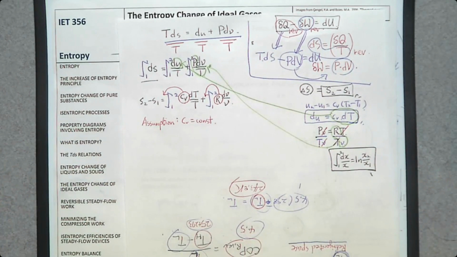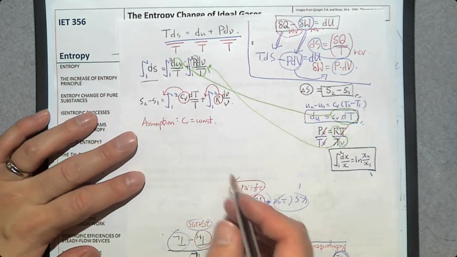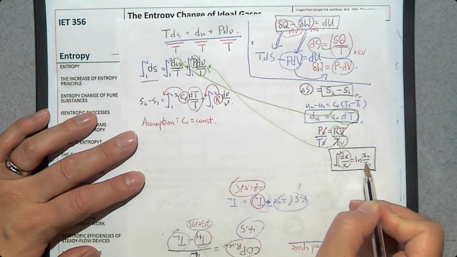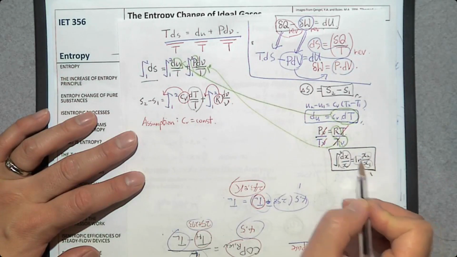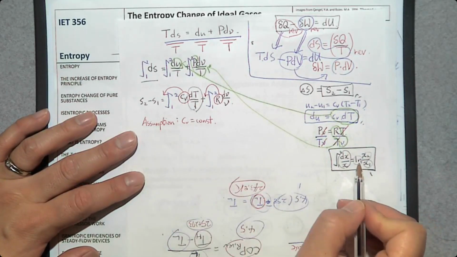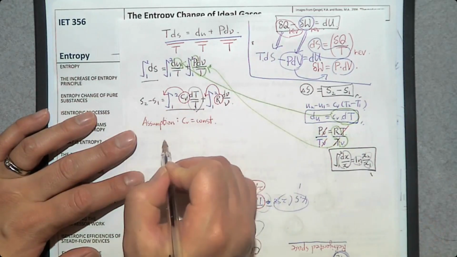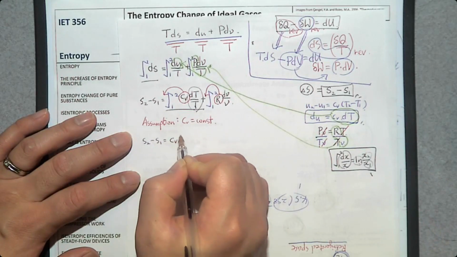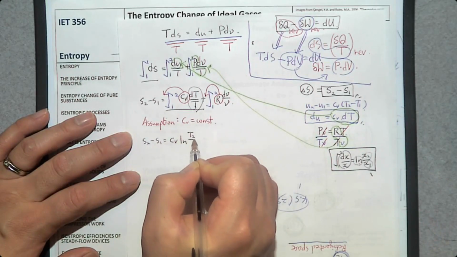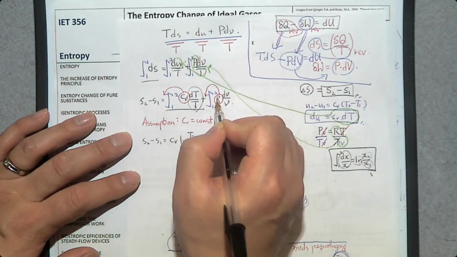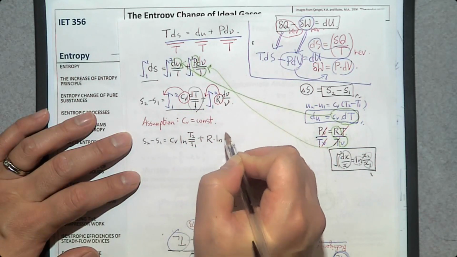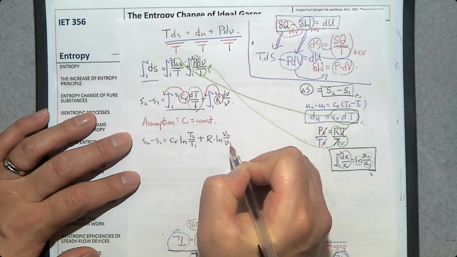So what is dT over T? dx over x is going to be natural log x2 over x1. dT over T is going to be natural log T2 over T1. So this term is going to be Cv natural log T2 over T1 plus, now R goes out, R times natural log v2 over v1.